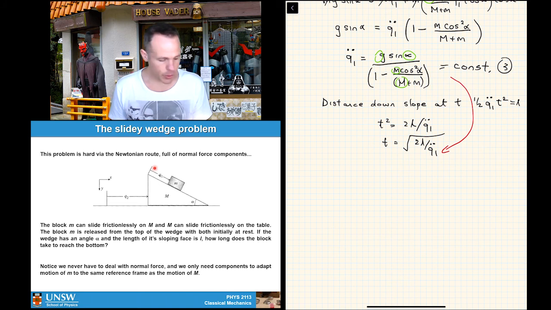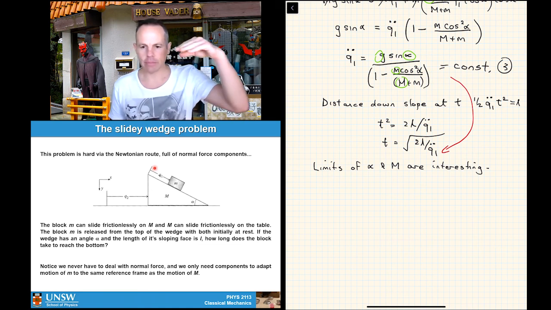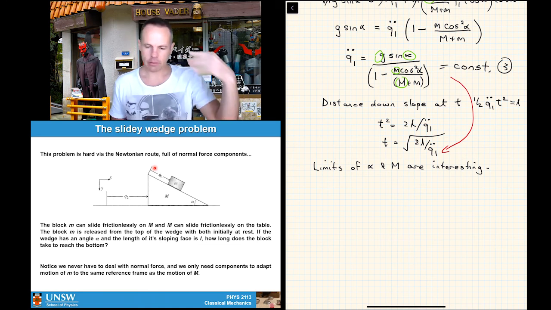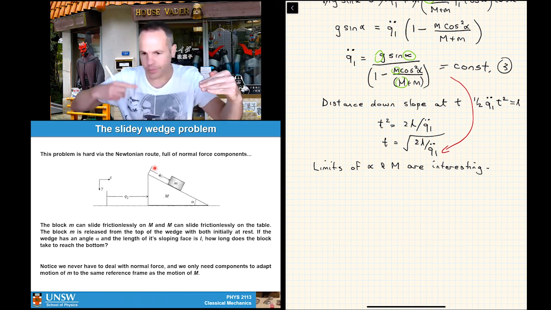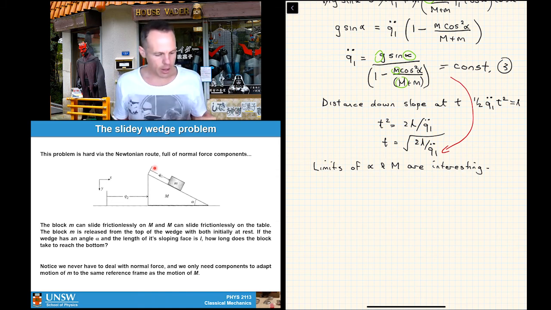All right, so there are two interesting things to do in this problem, which is to look at limits. If I was giving this as an exam problem, I would probably have a part A, get the Lagrangian, part B, show that the acceleration down the block of mass little m is given by this expression here.